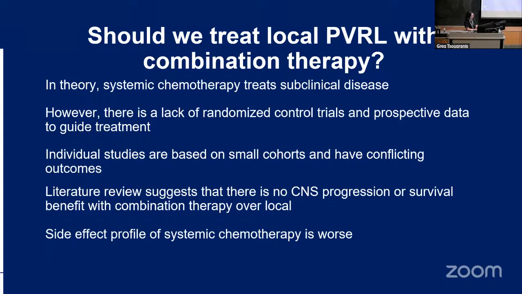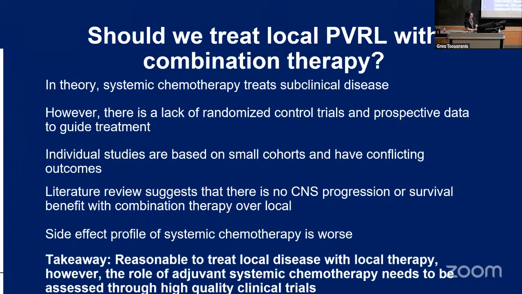The side effect profile of systemic chemotherapy is also worse, so that's something you have to consider, especially in our elderly population. It's my opinion that it's reasonable to treat local disease with local therapy, but there's definitely a need for high quality clinical trials to assess the role of adjuvant systemic chemotherapy in the future.